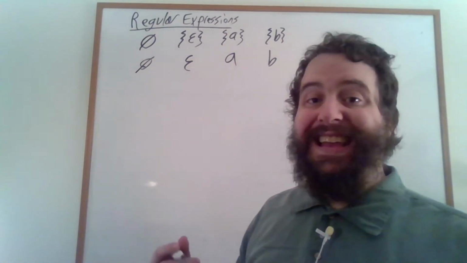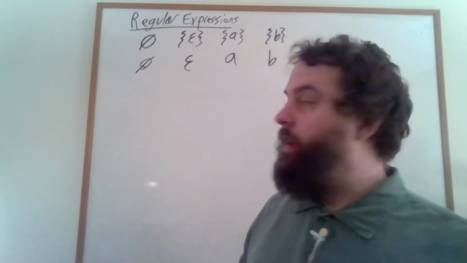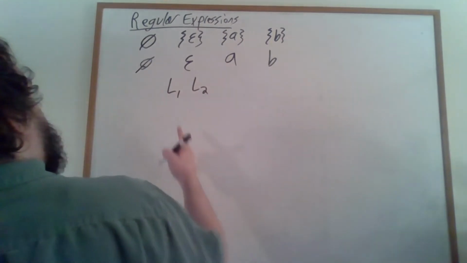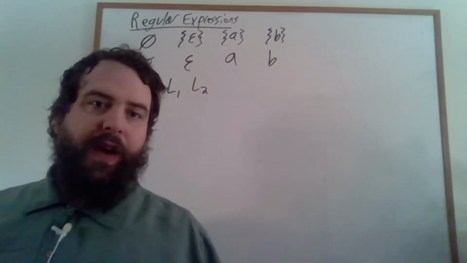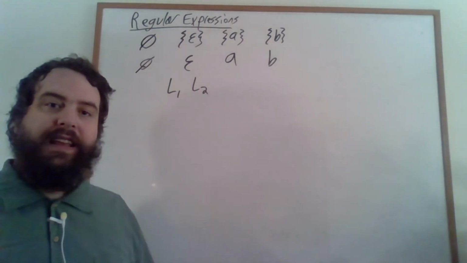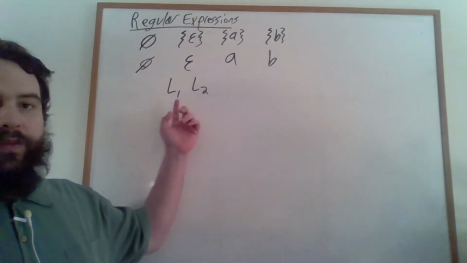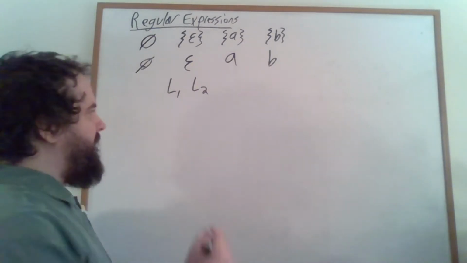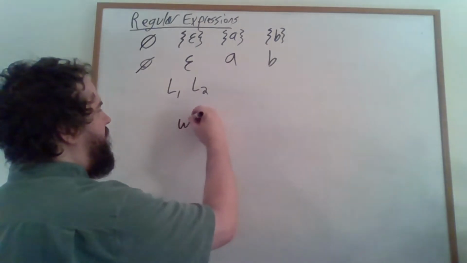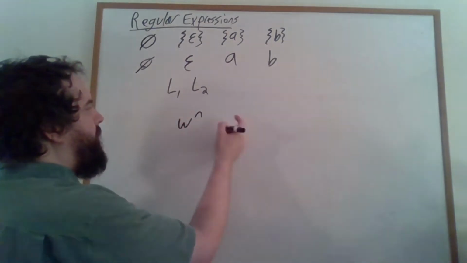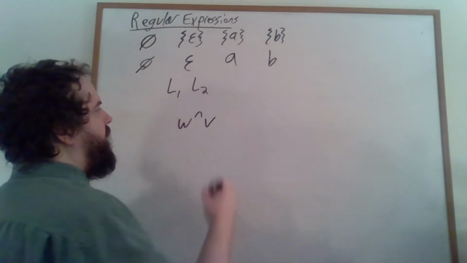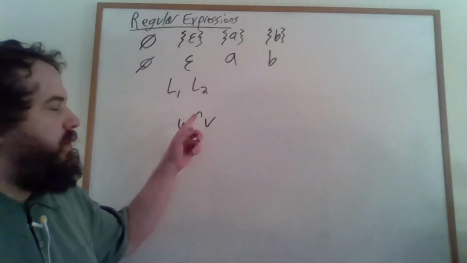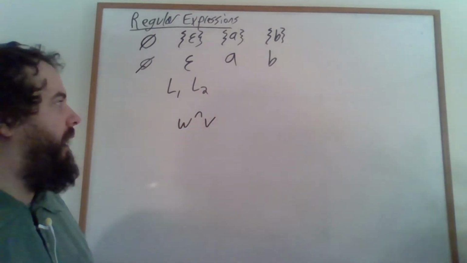For instance, we can concatenate 2 languages together. Let's say that we have a language L1 and L2. Then their concatenation, I'm just going to write the same way that we write concatenating strings together, by just concatenating their symbols. Sometimes mathematically it's convenient to write concatenation of 2 words, let's say we have a word W and a word V, with a superscript frown symbol.